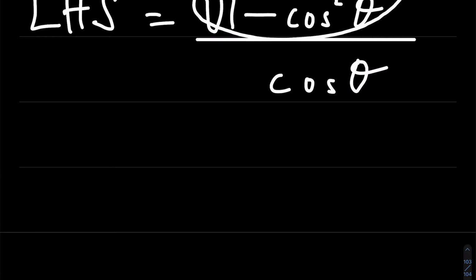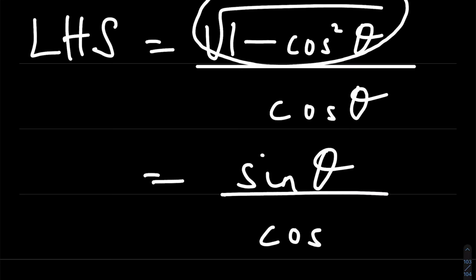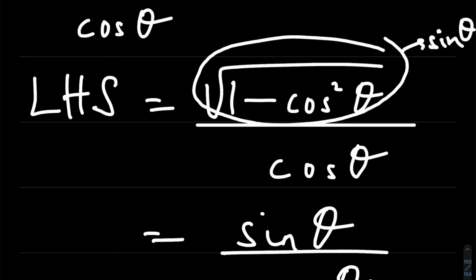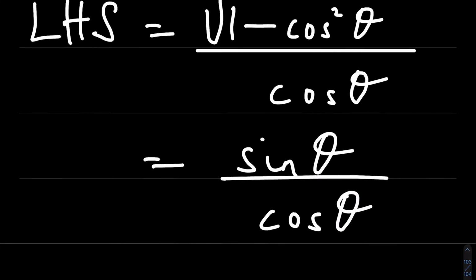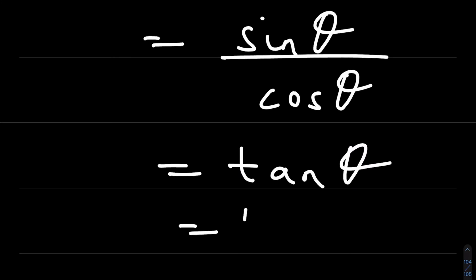Let me erase that before we continue. Now we can continue. That simply means the numerator is sine theta and the denominator remains cos theta. And we know that sine theta over cos theta is the same as tan theta, which is the right hand side.